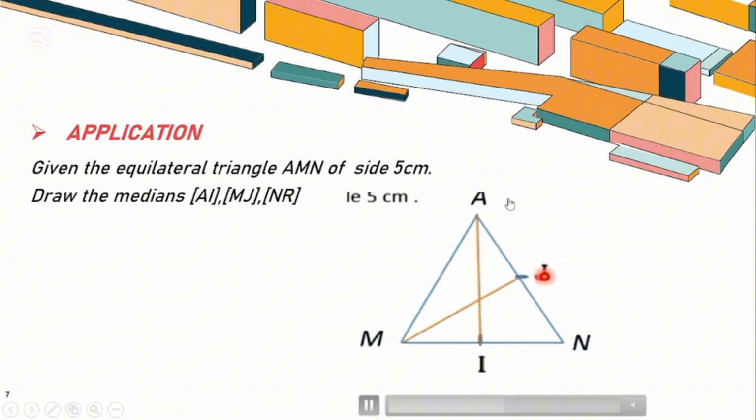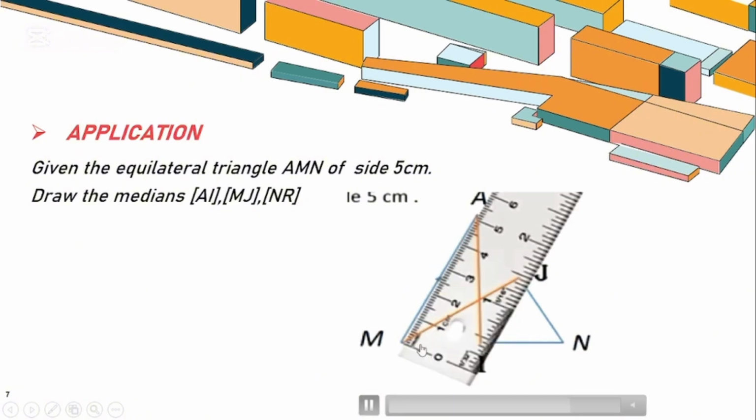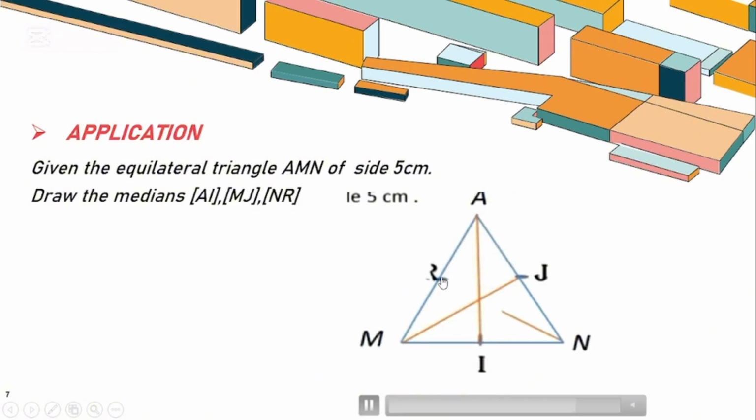But let's use the ruler as before. Measure AM, mark the midpoint, and then connect N to R. The 3 medians intersect at the same point, which is the centroid, or the center of gravity.